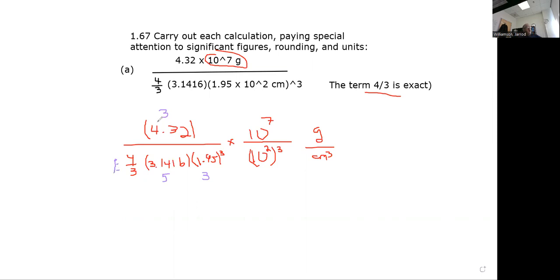I'm going to get out my calculator now, and I'm going to do this front fraction here. So I'm going to go here, 4.32 divided by 4/3 divided by 3.1416 divided by 1.95 cubed.